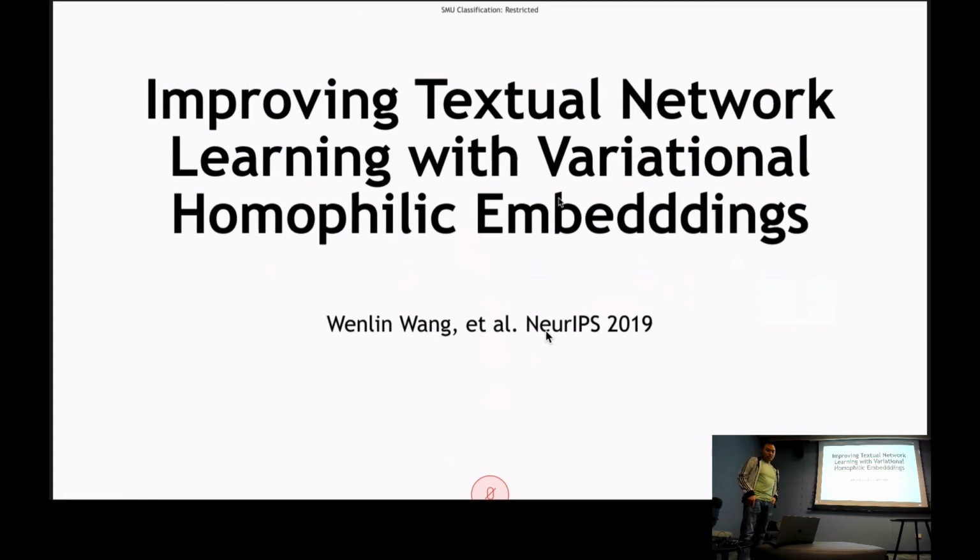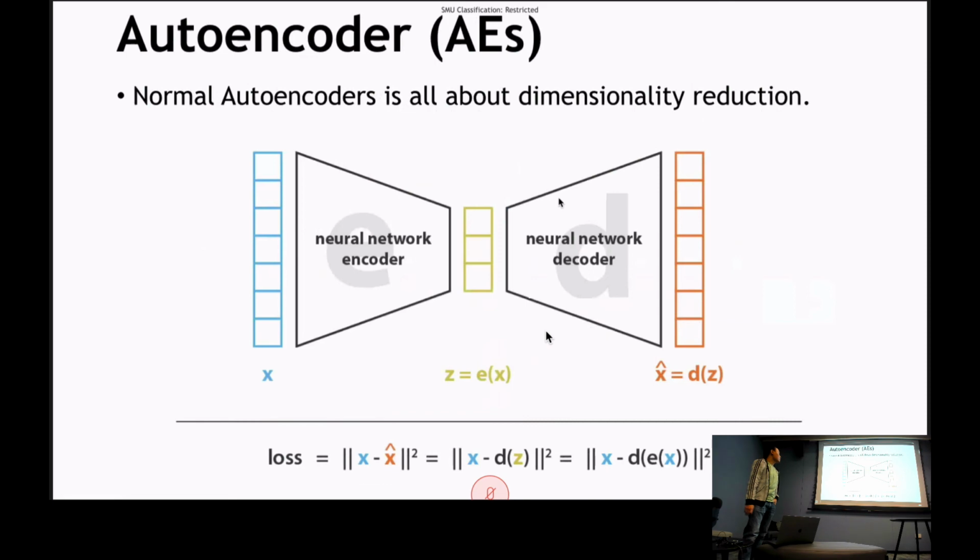So let's first talk about the rationale behind the Variational Autoencoder to see what it's actually doing. First we have the generic autoencoder, which is just trained to reconstruct an input that has been passed through a bottleneck in the middle, and the loss is just calculated as the difference between the reconstructed version and the original version of the input.